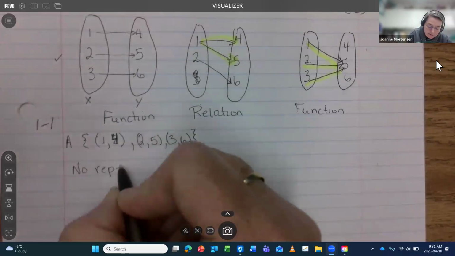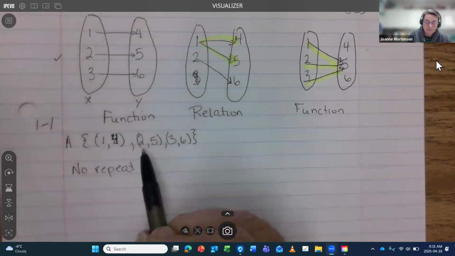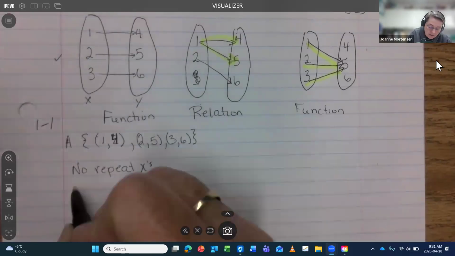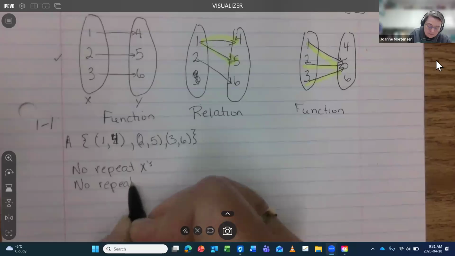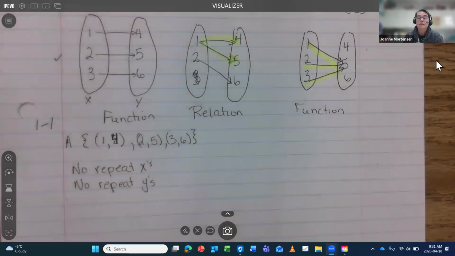So no repeat X's. It's 1, 2, and 3. No repeat Y's. 4, 5, 6. So if there's no repetition anywhere, you're golden. It doesn't matter.